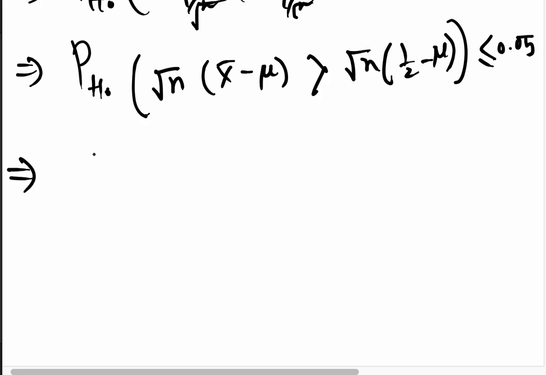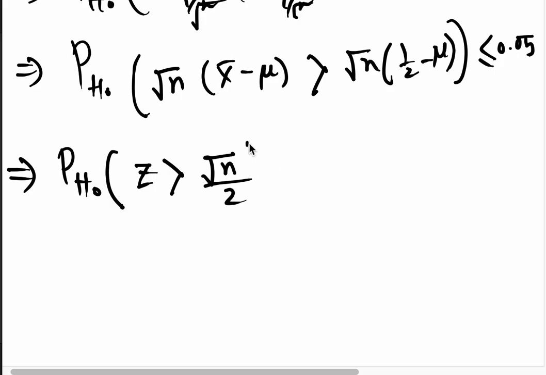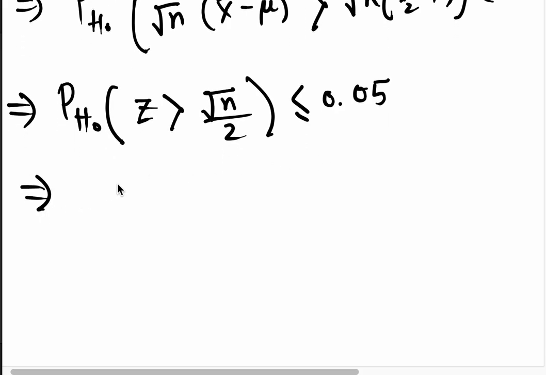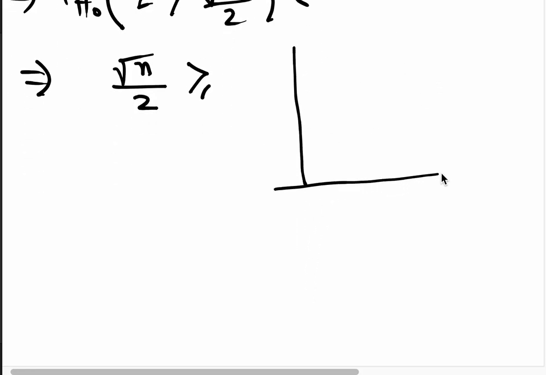So this variable is Z, greater than root n by 2, since mu is 0, is less than 0.05. So this means root n by 2 is greater than or equal to this value. Let's see it graphically.